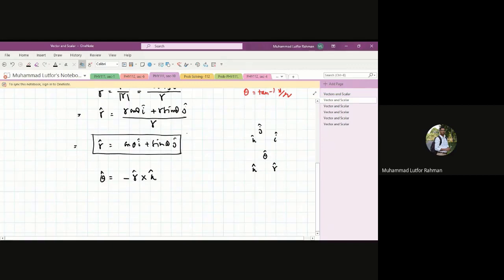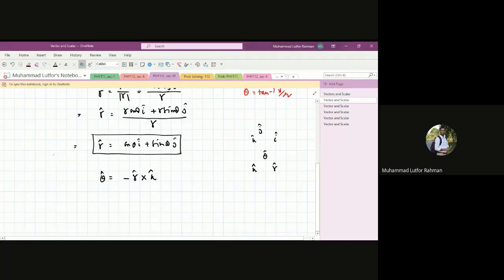Say theta hat is r cross k, actually. That's how I can write it in that form, using the same properties of unit vectors. Since I am writing theta hat as r cross this one, I'm going clockwise, so that's why I use the minus sign here. I'm using the same idea as for the Cartesian coordinate system.